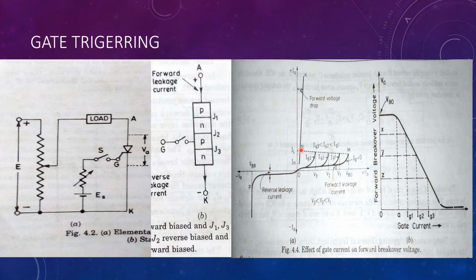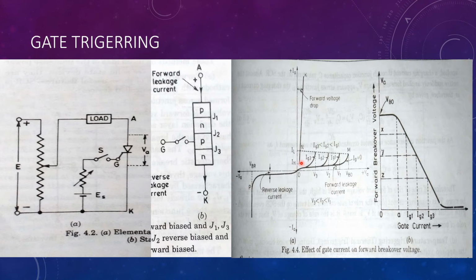Latching current is defined as the minimum value of anode current which the SCR must attain during turn-on process to maintain conduction when gate signal is removed. The thyristor can be turned off only when forward current falls below a low level current called holding current.